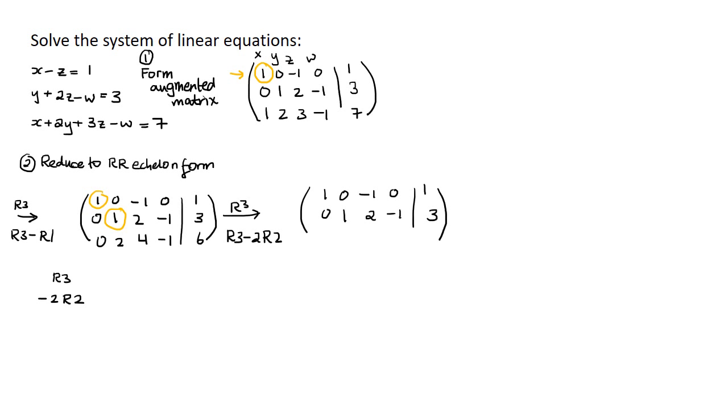And just to show this worked out, I'm going to take row 3, which is 0, 2, 4, -1, 6. And I'm going to subtract twice row 2 from this. So that's 0, 2, 4, -2, 6.